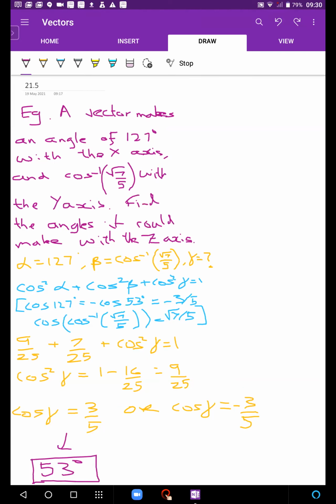The 3 by 5 solution is 53 degrees. For the minus 3 by 5 solution, we know an angle can be from 0 to 180 only. So the minus 3 by 5 solution has to be the corresponding obtuse angle. 3 by 5 is related to this, but it's 180 minus this. So it's 180 minus 53, just like we saw in the question itself. This angle is going to be 127 degrees.